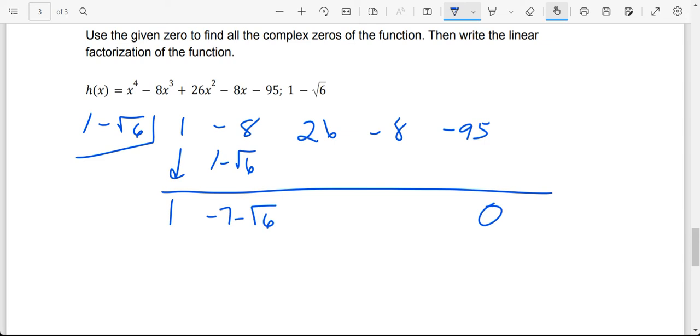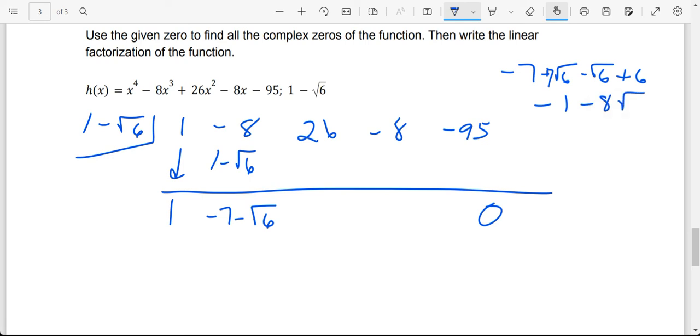FOIL that. I'm going to go off to the side and FOIL that. That'll be negative 7, minus 7 root 6, and then minus root 6 plus 6. It's going to be negative 1 minus 8 root 6.